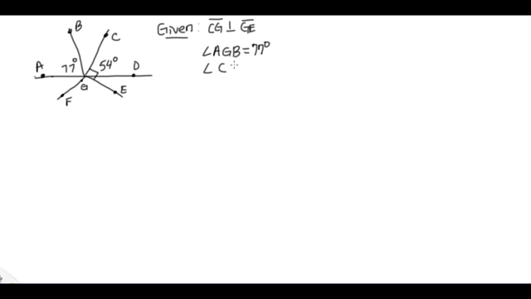Angle CGD equals 54 degrees. And angle FGC equals 157 degrees.